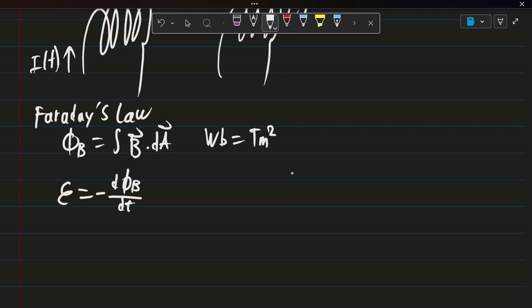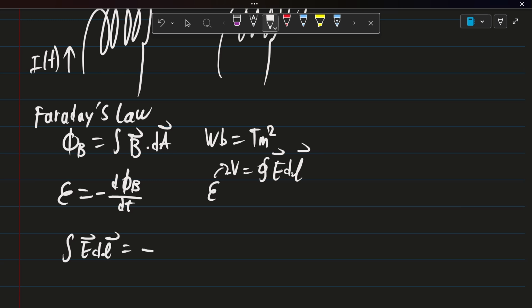So instead, I will just straight away introduce the concept that this EMF is pretty much just voltage. Well, technically it's negative voltage, which is defined to be the integral of E dl. So this is the definition that we'll be using a little bit more. So this will be the integral of E vector dl vector equaling the negative d magnetic flux over dt.